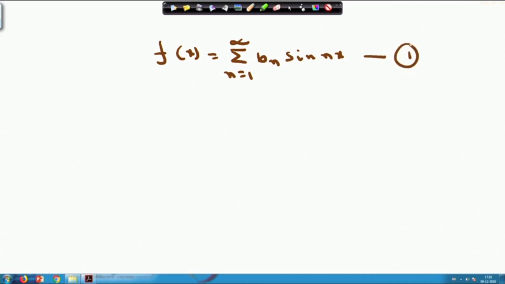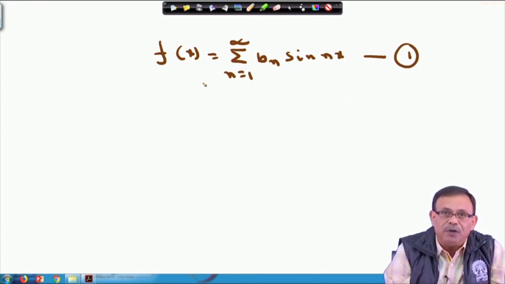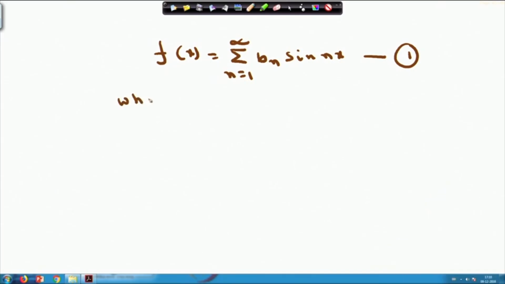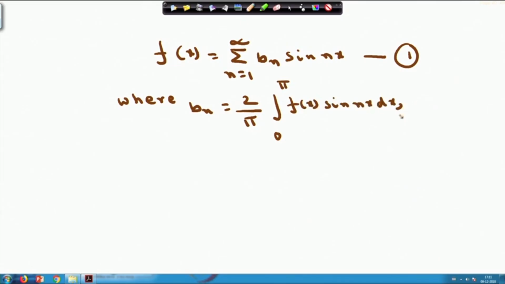Where b n is equals to 2 by pi integral 0 to pi f x into sin n x dx, and n varies from 1 onwards.